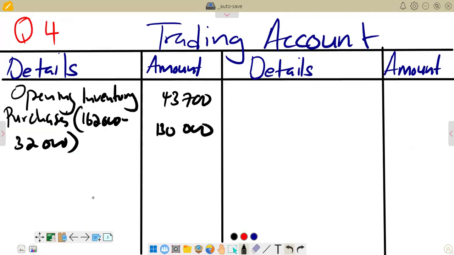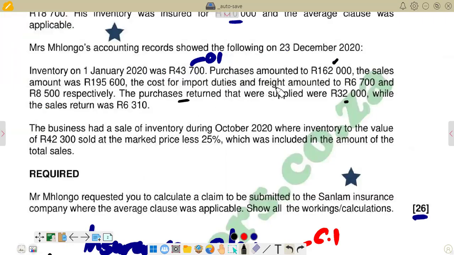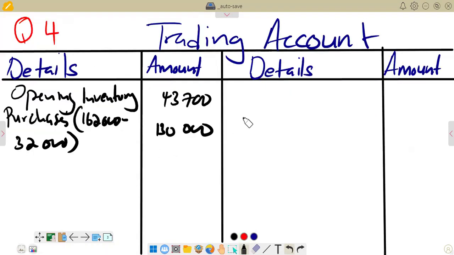And obviously, we can also find the figure for sales. The sales figure that we are given is 195,600. It also has returns, where the sales return was 6,310. So we are going to subtract 195,600 minus 6,310. Remember, sales come to the credit side of the trading account.